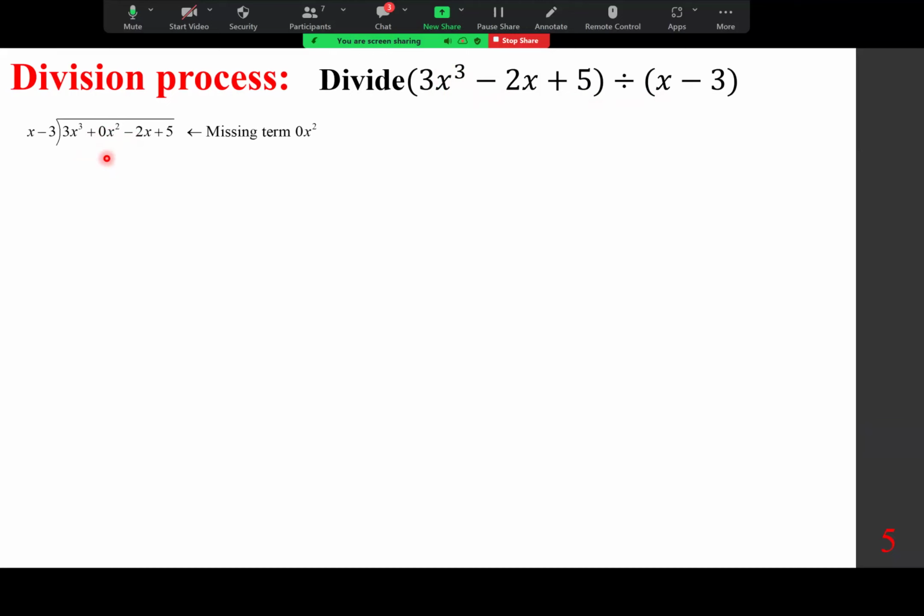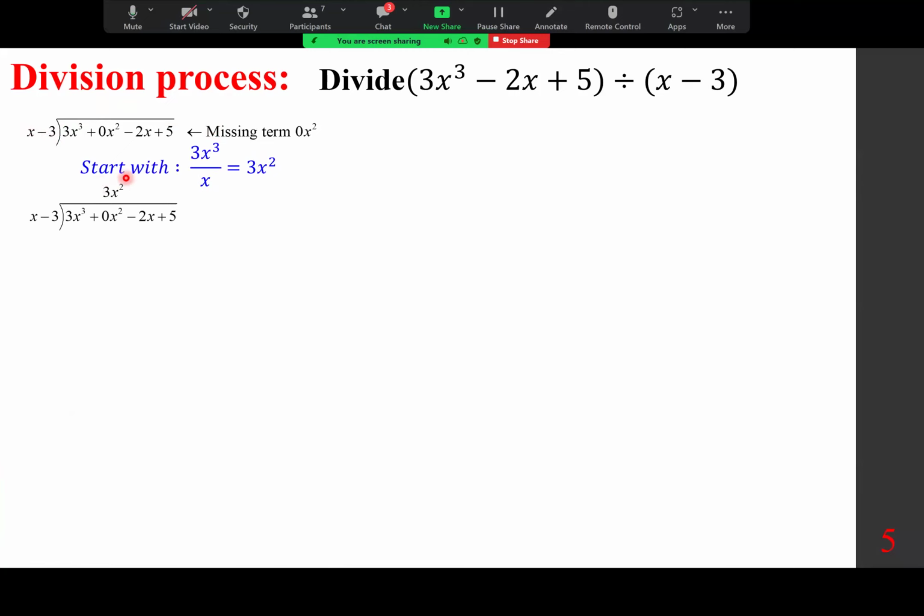And you start with the first one, 3x cubed, and you divide by the first. And you get 3x squared. Now you put the 3x squared here, and you multiply by the divisor.